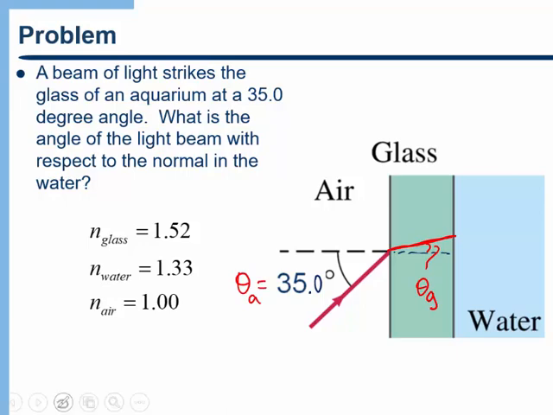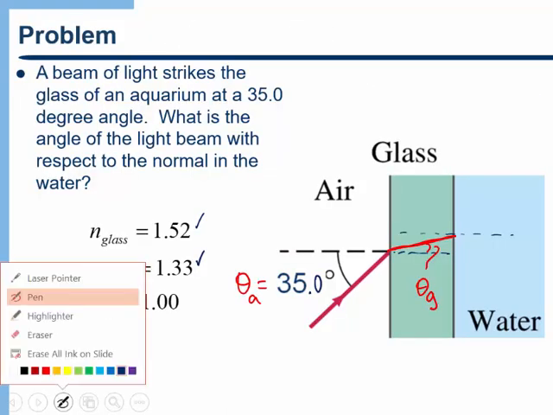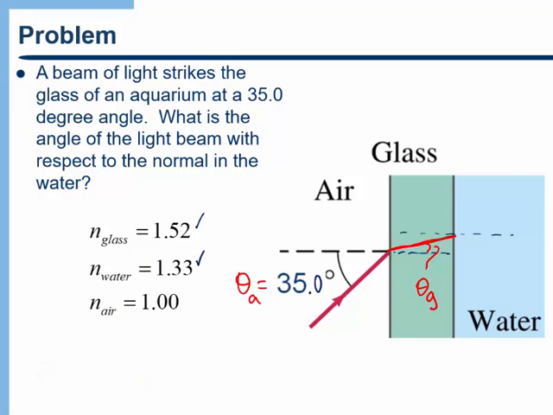Now, when the light gets to the next interface, we have to draw a new normal there. When we go from glass to water, the angle is going to increase because we're going from a higher to a smaller index of refraction. And so as the light comes out of the glass, it's going to bend away. And this is the angle that we want to find, theta w.